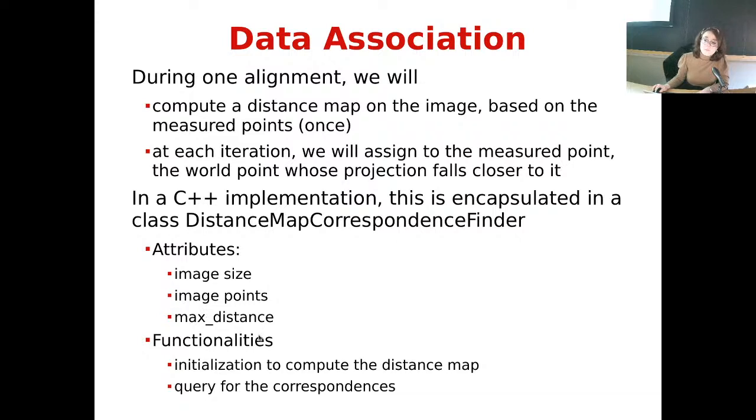Then we have the maximum distance of the expansion of the distance map, which is a proper parameter of the algorithm. We expect the distance map correspondence finder to initialize the distance map, so to compute it or call its computation, and then to query for correspondences. We can give a set of points and retrieve the set of correspondences with the measured points.